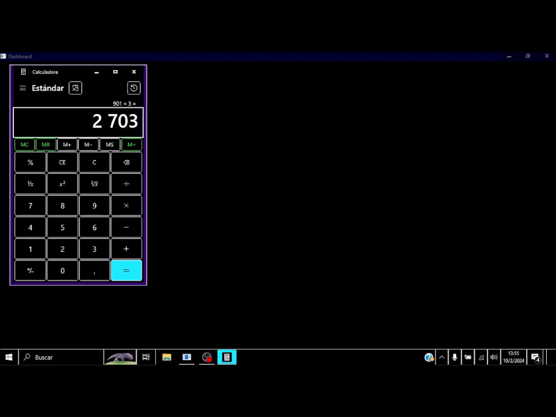And this value of 2703 is going to be divided by 300. That gives 9.01. And the value that I have there, 9.01, is the distance at which I have to start my descent to the assigned runway.